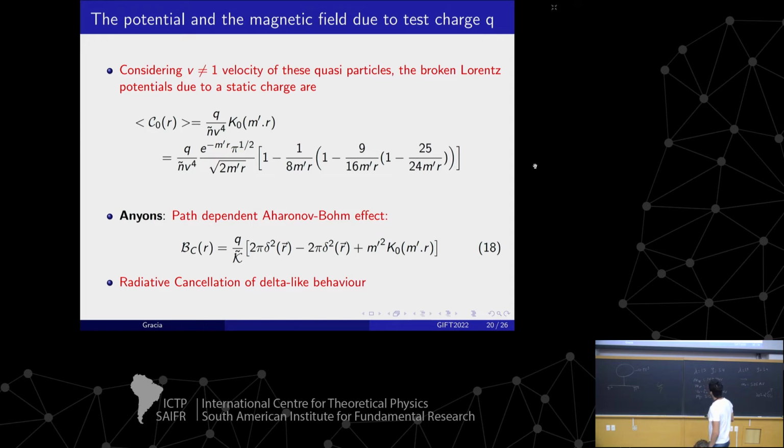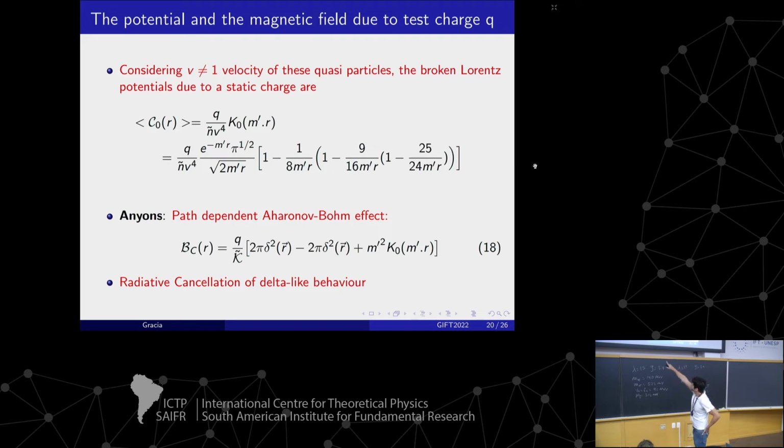But if we consider the more realistic approach with all the radiative corrections, we see that the point-like B_c is the generalized magnetic field. We need a kind of generalized magnetic field to talk about some Aharonov-Bohm effect.